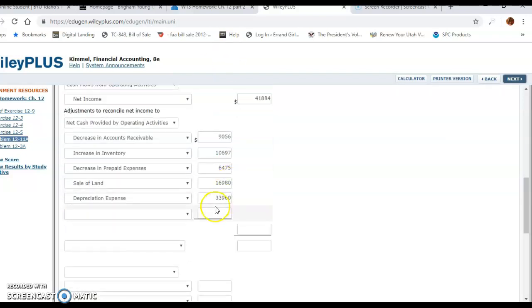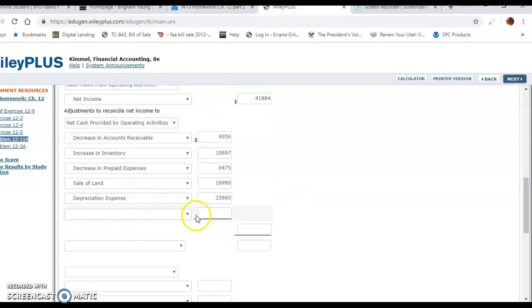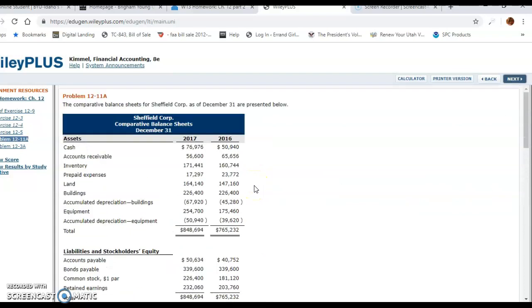Let's see. I need something else there, and I'm not sure what it would be. Accounts receivable. I'm going to look back at my notes, some of the ones that I have done. I've started writing them down.